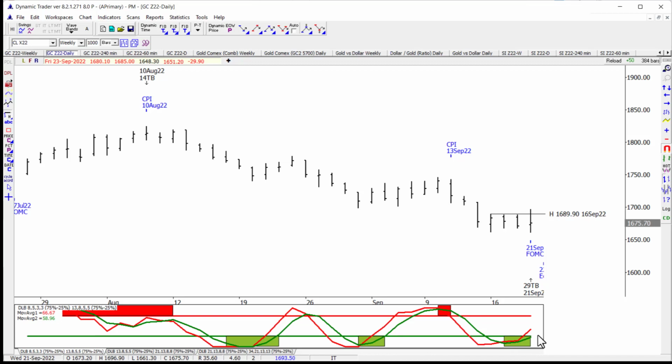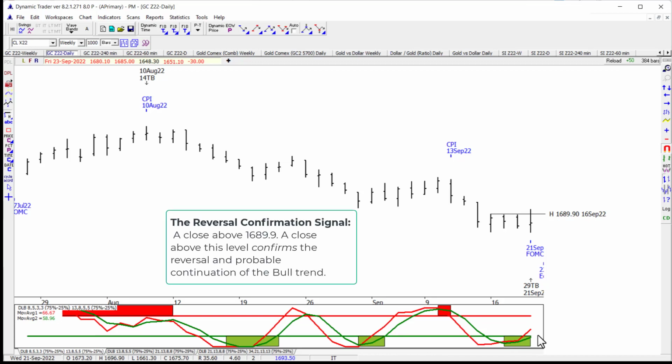You can review the video from last week about gold, the details of the technical position. We had a daily reversal signal with the daily momentums making a dual look-back bull reversal. So a reversal confirmation would be follow-through to the technical position and the price reversal on a close above 1689.90.